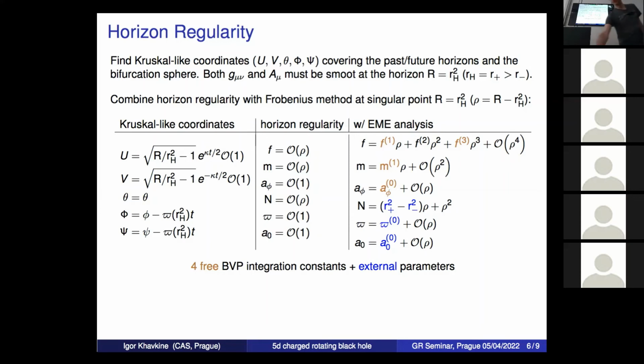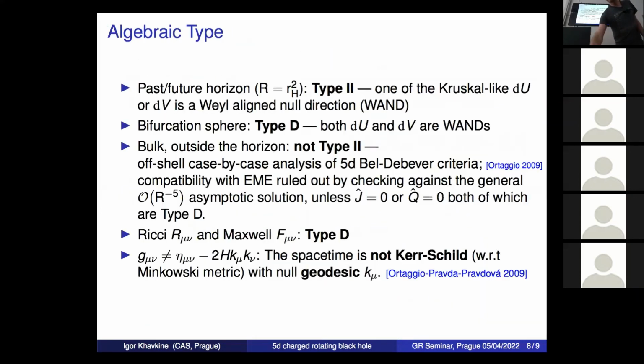Okay. So I think that's basically it. The only other thing that I want to say is that we also use this theoretical analysis of the reduced Einstein-Maxwell equations to eventually study something about the algebraic type of the black hole. And once you have the coordinates regular on the horizon, then you can just plug the metric into Mathematica and ask, what is the Weyl tensor at the horizon?